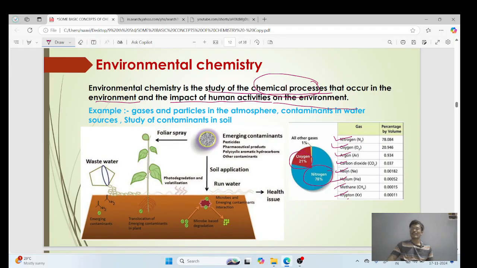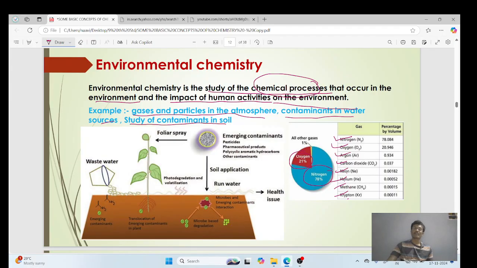How are these going to impact human activities? Suppose carbon dioxide increases due to human activities, excessive usage of vehicles and industries. How is this going to impact human beings, plants and animals? Examples are gas particles in the atmosphere, contaminated water sources, and contaminated soil.